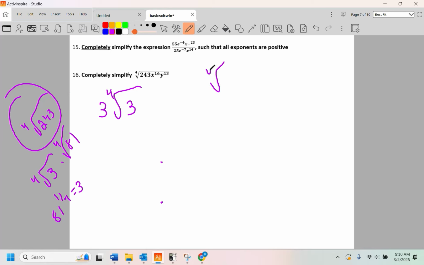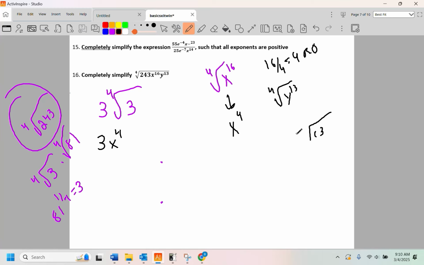Let's talk about the individual pieces here. We have the fourth root of x to the 16th. If you take 16 and divide it by 4, you get 4 with a remainder of 0. This becomes x to the 4th. So there's a 3, there's an x to the 4th. Let's talk about the fourth root of y to the 13th power.